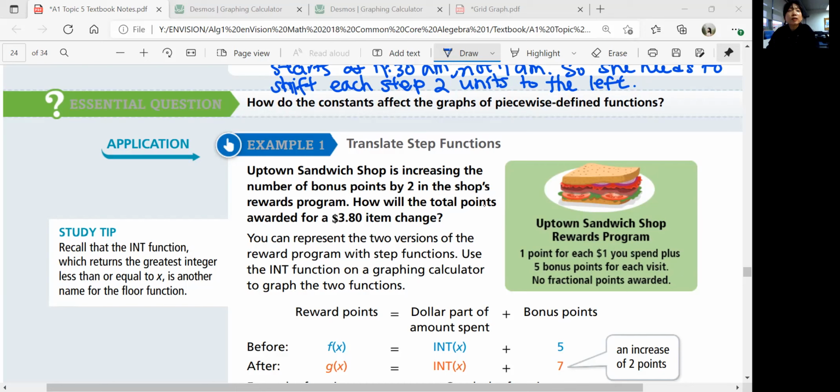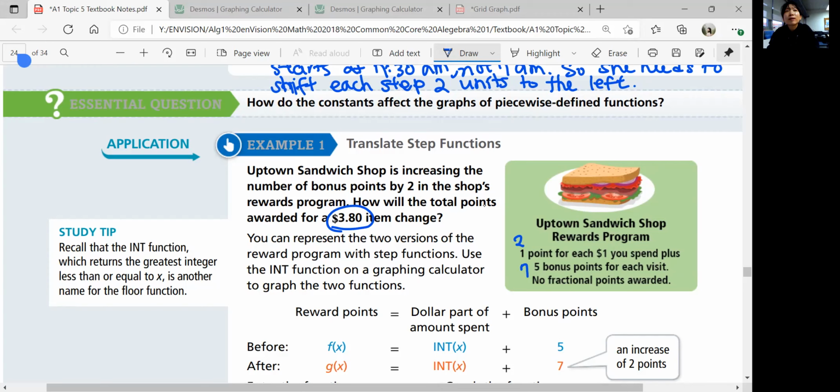So 2 points for each $1 you spend plus 7 bonus points for each visit. So how will the total points awarded for a $3.80 item change?